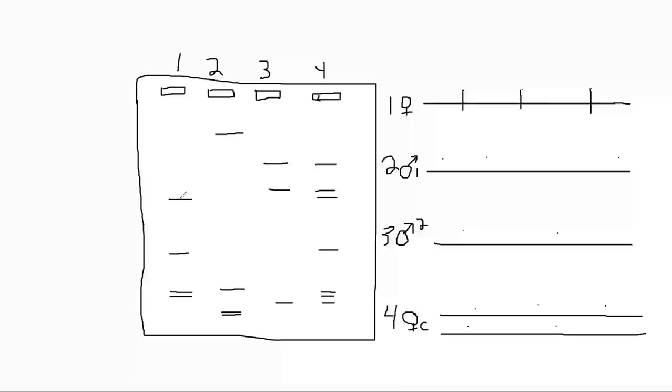The longer segment here corresponds to this band. The shorter segments here correspond to these bands that are close together because they're relatively similar in size.